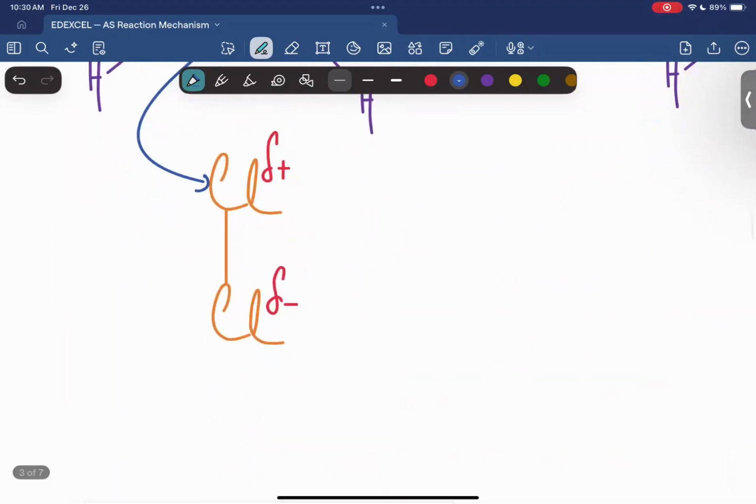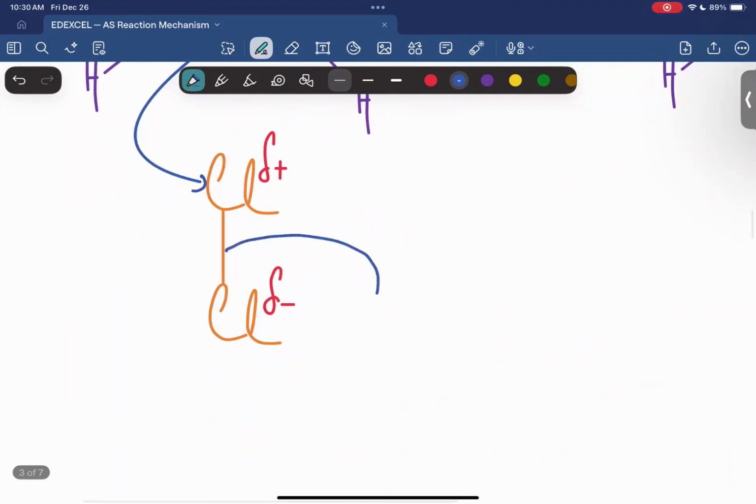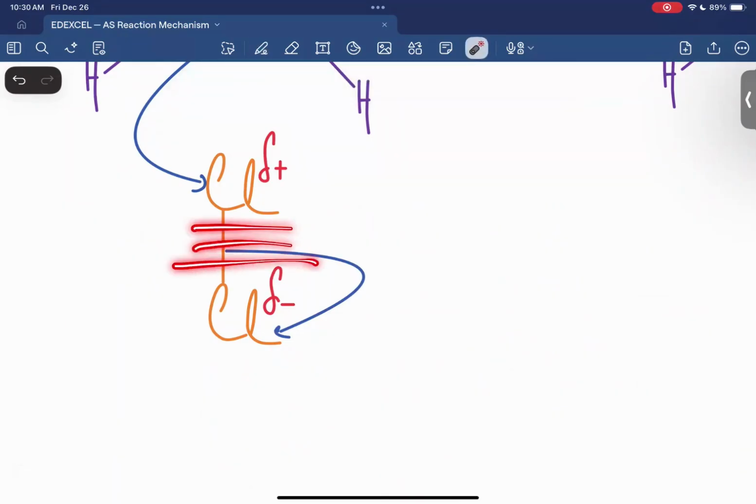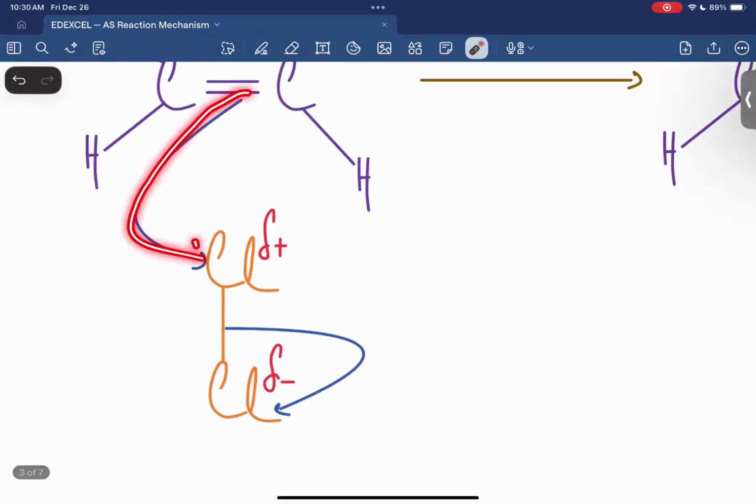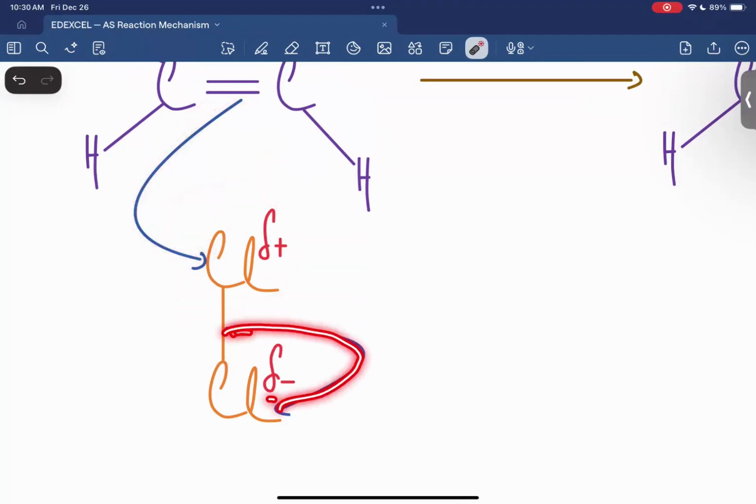and the electron that was over here is going to go to this chlorine, okay? And the bond is going to break between this. The electron is accepted by this chlorine first of all, and then the bond is going to break, because this chlorine has already obtained its electrons from this pi bond.